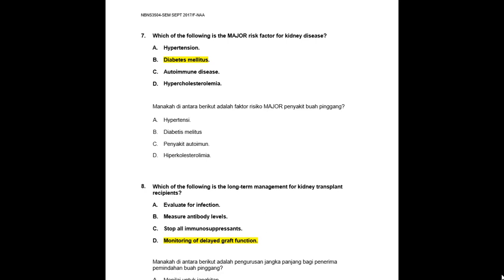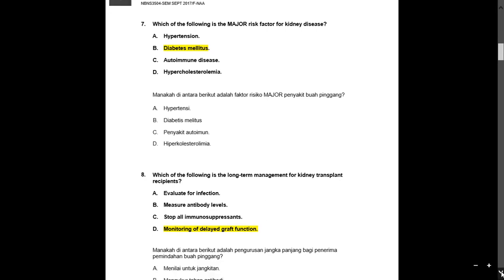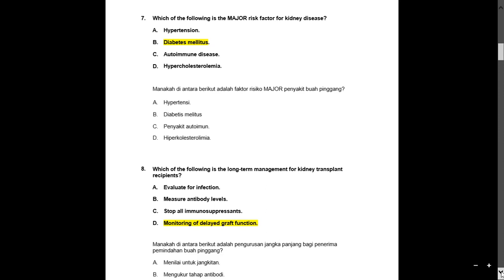And answer D, hypercholesterolemia. So all these things can lead to kidney disease, but the major risk factor is diabetes mellitus. So the answer is B, diabetes mellitus.